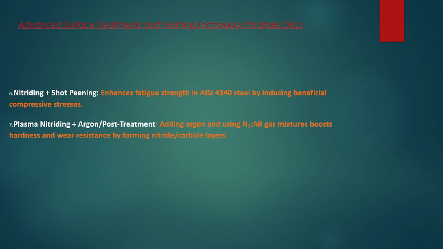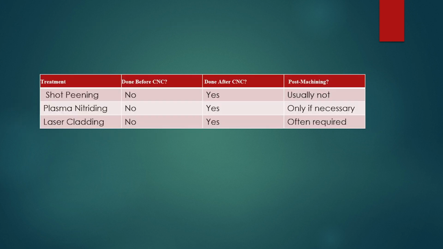Advanced surface treatments and finishing techniques for brake discs. We have nitriding, shot peening, and we also have the laser cladding treatment. So we have those three treatments. We are going to compare them now, whether they can be done before the CNC, after the CNC, or post machining.